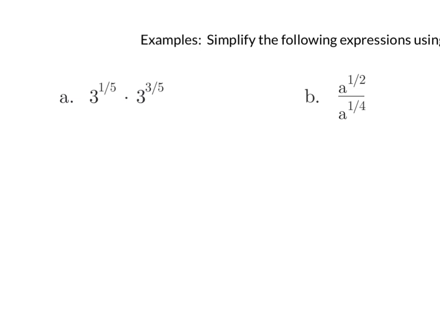So this is going to equal 3 to the 1/5 plus 3/5. We have same denominators, and so we can go ahead and add the tops, becomes 4, and we keep the bottom. So we get 3 to the 4/5.